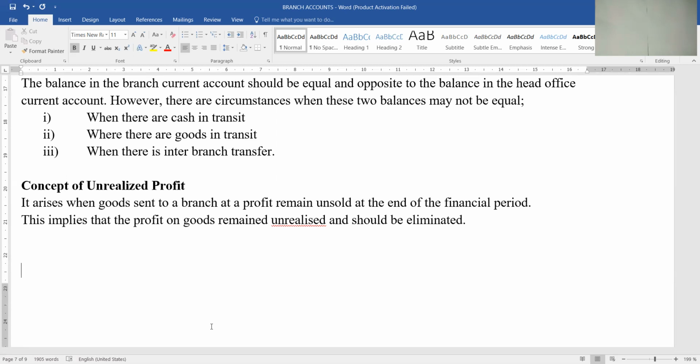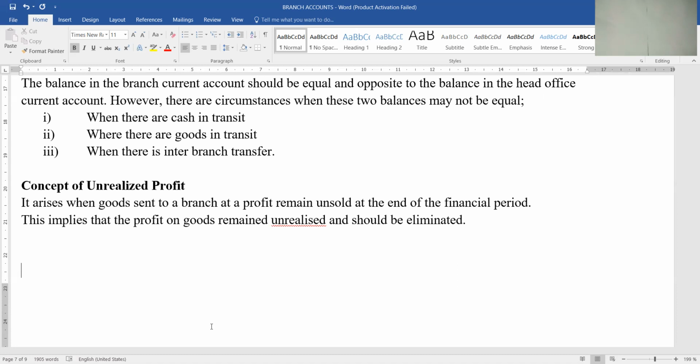But by the end of the year, you will realize that some of this stock is remaining in the stock of the branch. Since it received this stock from the head office at a profit, and by the end of the year the branch has not resold all the stock, it means that it has not realized the entire profit. That is why we have to check for the unrealized profit in the stock of the branch.